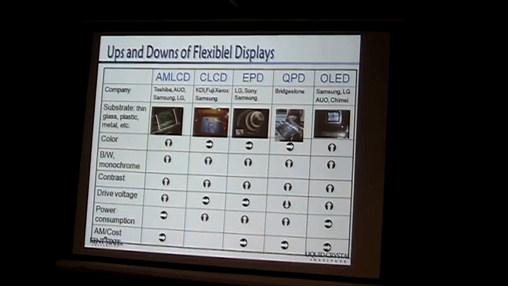They also demonstrate the cholesteric LC, which is a color reflective type of display. And there is the electro-optic display, which has particles with two colors or multiple colors. They can pixelize those, and they rotate each of these balls by an electric field, and they can have black and white.